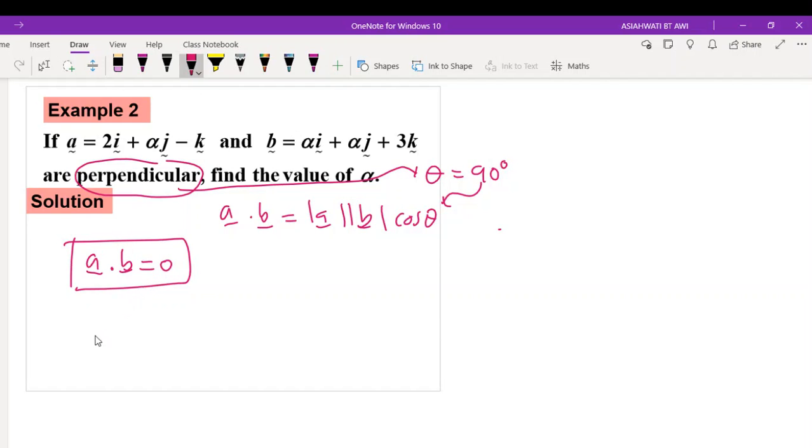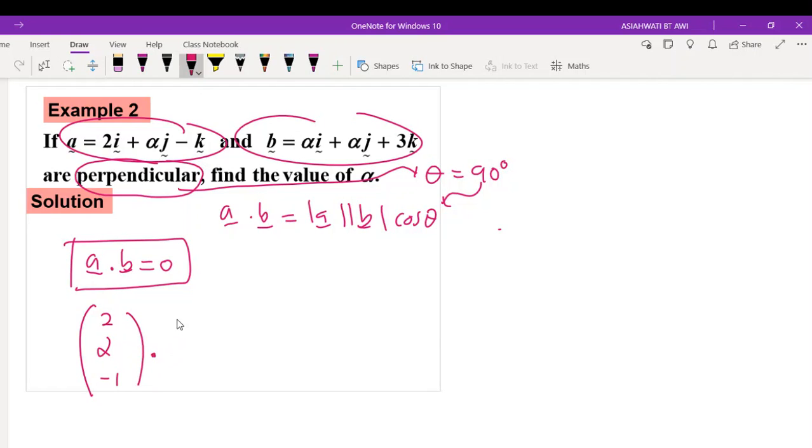Then, using the given components, substitute. We can change it into matrix form: (2 alpha, negative 1) dot (alpha, 3) is equal to 0.